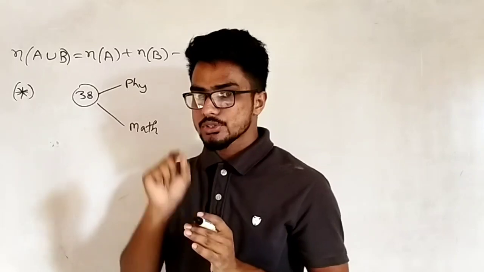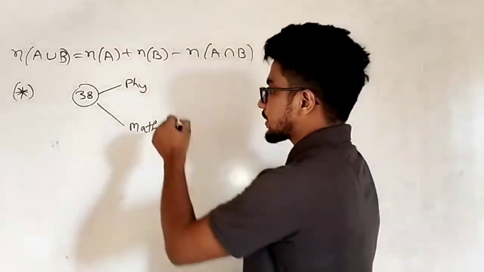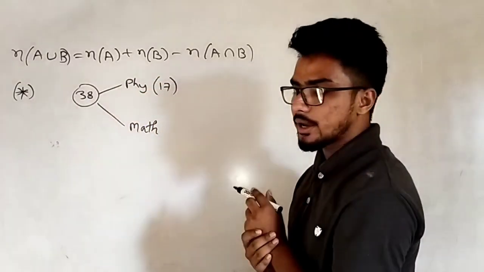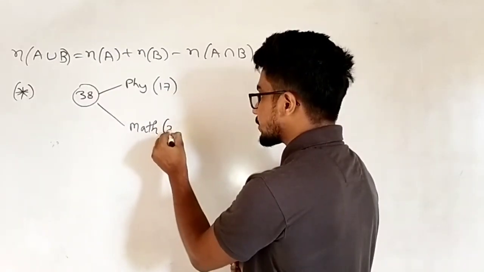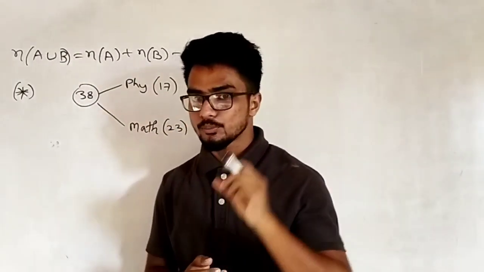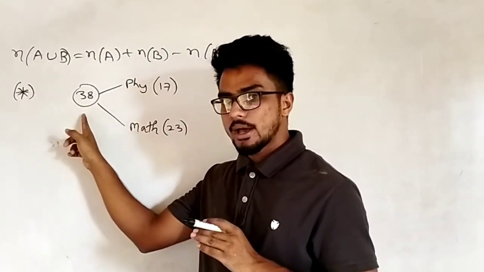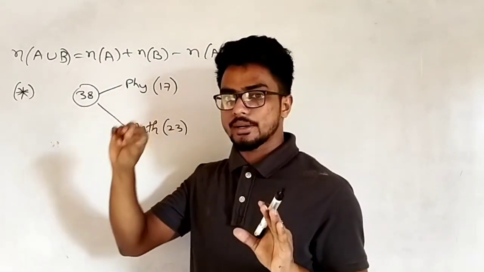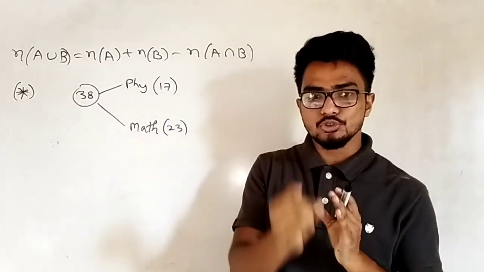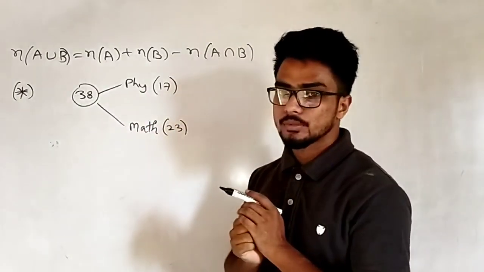Suppose 17 students read physics and 23 students read maths. The problem says there are 38 students, each of them reads maths or physics, or there are some students who read both physics and maths.